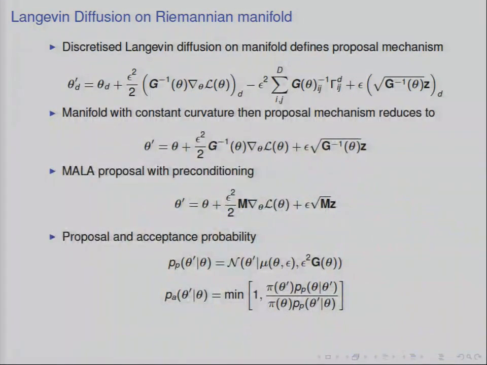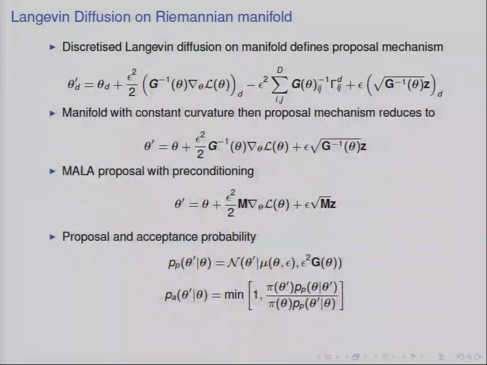And if we then use this to define a proposal distribution, remember these are standardized normal variates, so this is going to have a distribution which is normal with a mean, which is just going to be this component here, and the covariance structure is just going to be the matrix square of this term here. And so here we write our proposal mechanism as a normal distribution with a mean which is a function of the current position and the chosen integration step size.